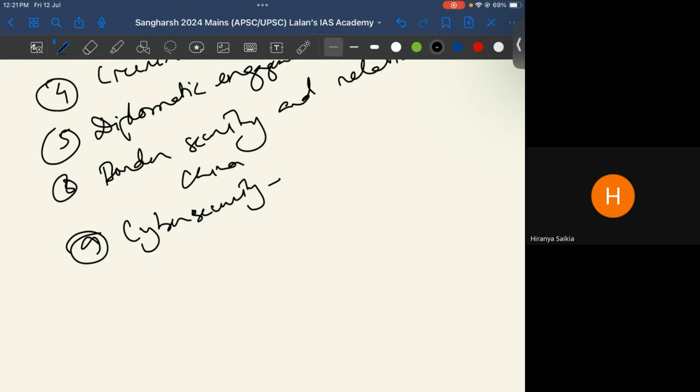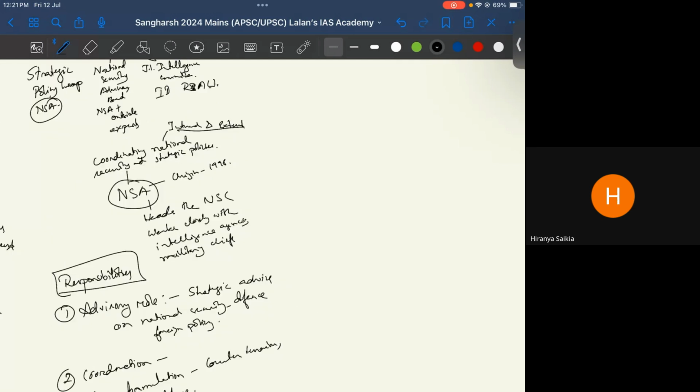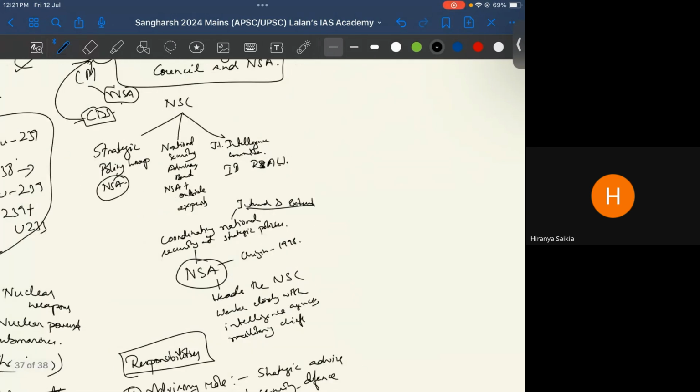ঠিকে আছে, পাৰিব NSA কি হয়, origin to গম পালে, main purpose to গম পালে, creating policies, creating structures, coordinating national security, বিভিন্ন agencies, intelligence agencies, defense forces মাজত coordinate কৰি এটা proper national security strategy বনাও যাতে. সেইটো কাৰণে he has a National Security Council, and then that comprises of 3 groups.